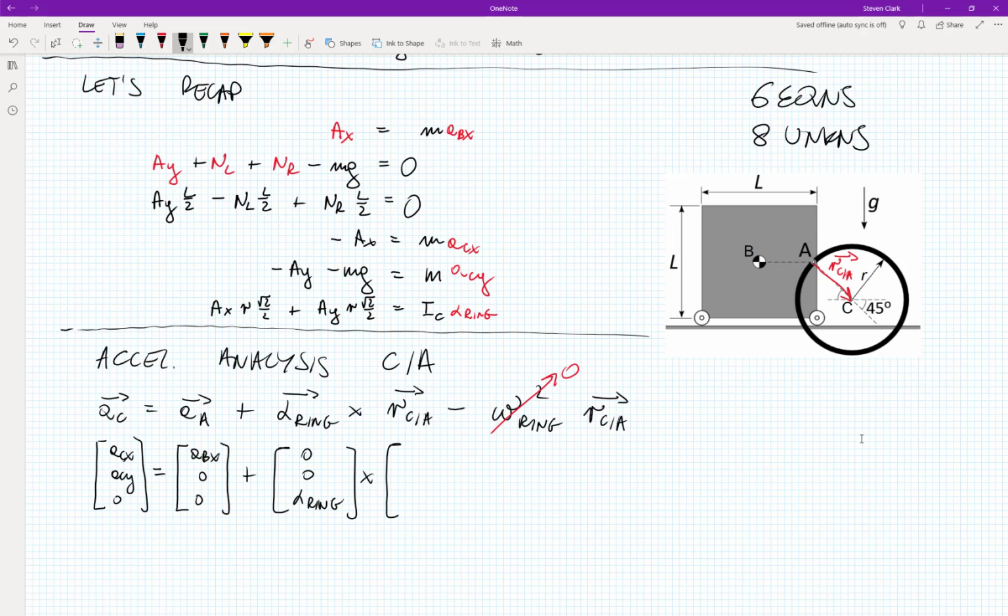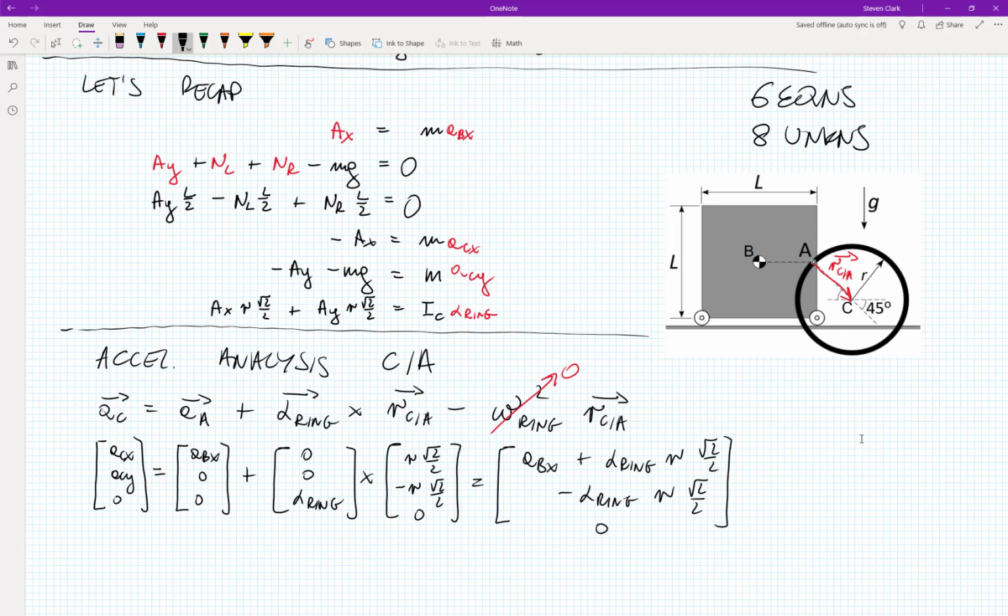RCA, I think it's this vector. And its components are what? I think the components will be r square root of 2 over 2, minus r square root of 2 over 2, 0. Okay, guys, and if you solve this determinant, you will end up with the following expression. ABX plus alpha ring r square root of 2 over 2 and minus alpha ring r square root of 2 over 2.